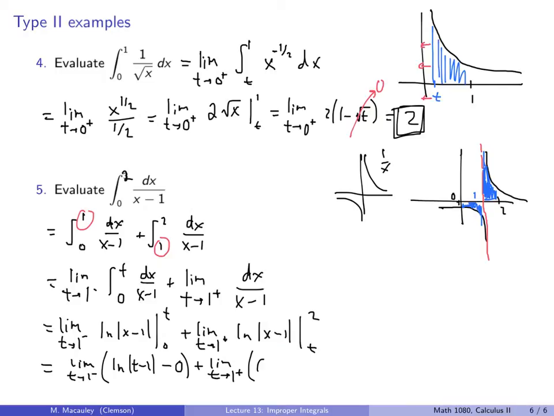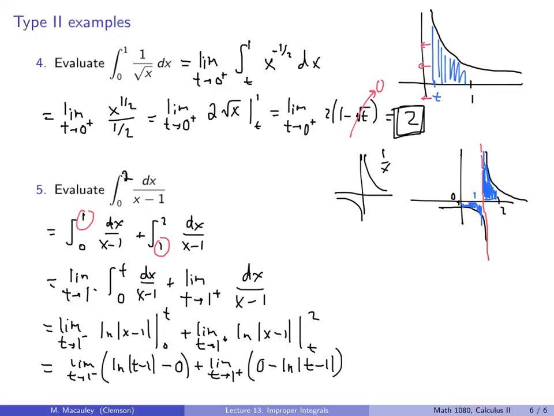Didn't matter if I had put 3, I would just get a number. So I get 0 minus the natural log of the absolute value of t minus 1.